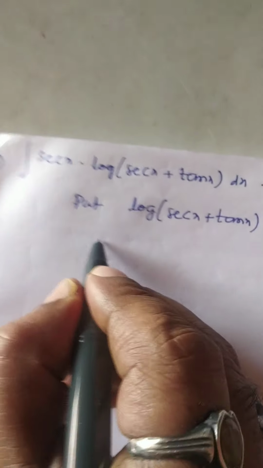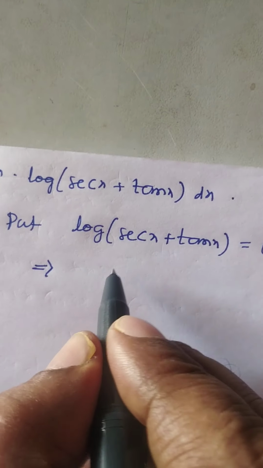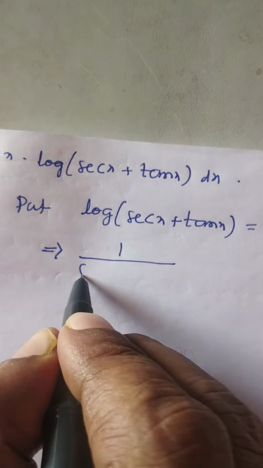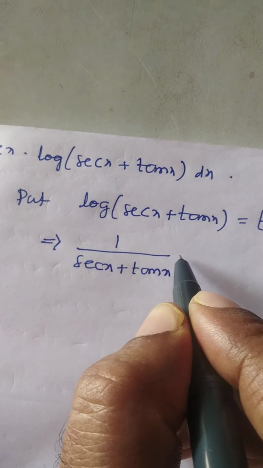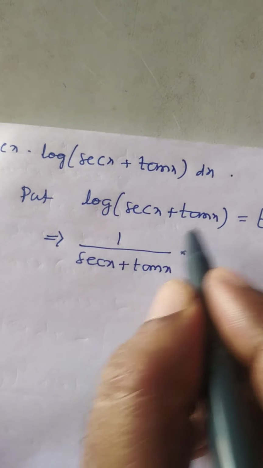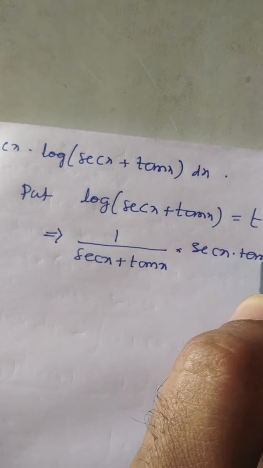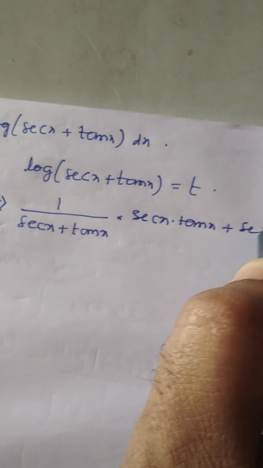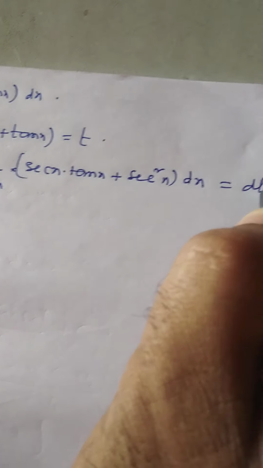So by substituting this and then differentiating with respect to x on both the sides, log x derivative is 1 by x, you know. 1 by x is 1 by secant x plus tan x into again differentiation of inner, we will do. Secant x derivative is secant x into tan x plus tan x differentiation is secant square x into dx is equal to dt.